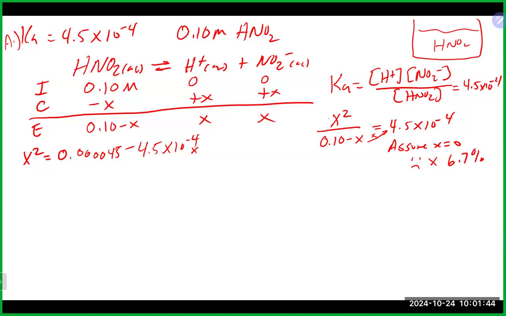Okay, now we're going to combine everybody. So we're going to bring everybody back here to the other side. X squared plus 4.5 times 10 to the minus 4 x minus 0.000045 equals 0. That's going to be our A, B, and C here as we go into our quadratic.